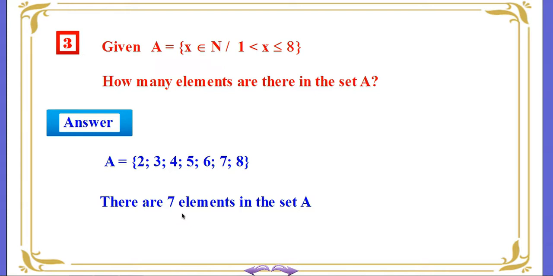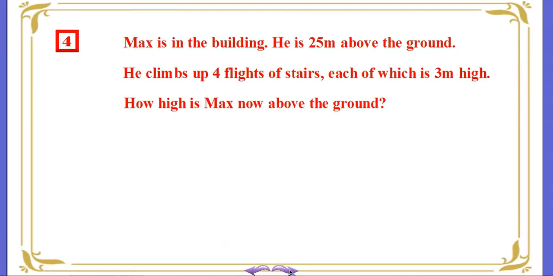We continue to exercise number 4. Max is in a building. He is 25 meters above the ground. He climbed up 4 flights of stairs. Each flight is 3 meters high. How high is Max now above the ground?